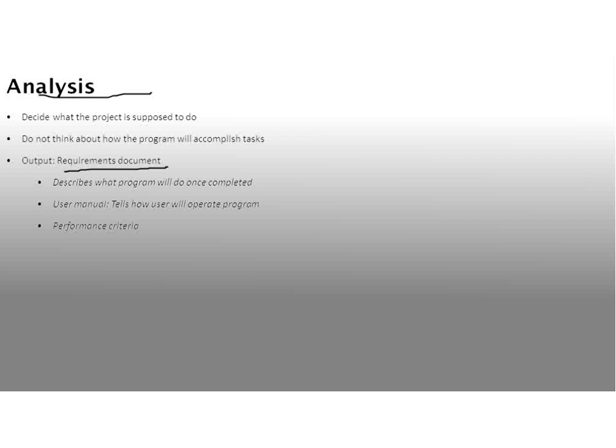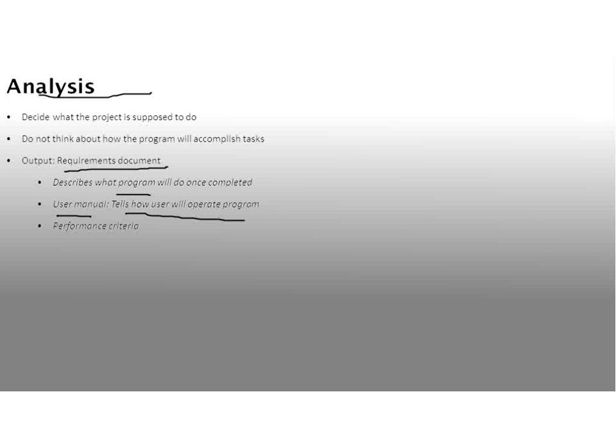During analysis phase, we have to decide what the project is supposed to do. So here, the output of this phase is the requirement document, which describes what the program will do once it is completed. At this point, we are not concerned about code.